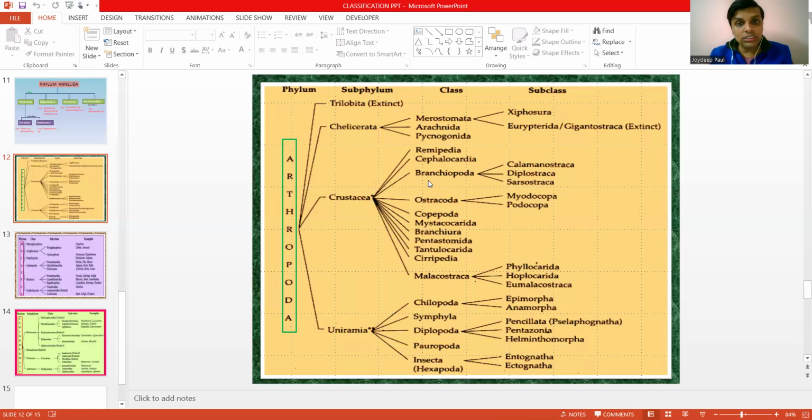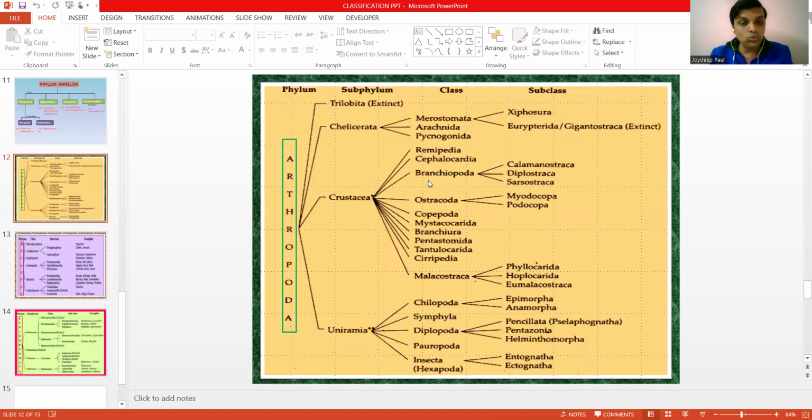Class 2 is class Arachnida. They are mostly terrestrial and rarely aquatic. Body is divisible into prosoma, that is cephalothorax, and opisthosoma, that is abdomen. Prosoma bears simple eyes, one pair of chelicerae, one pair of pedipalps, and 4 pairs of legs.